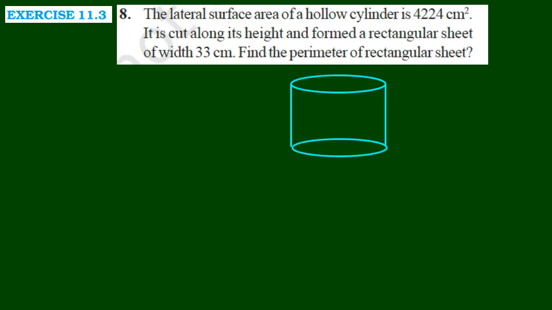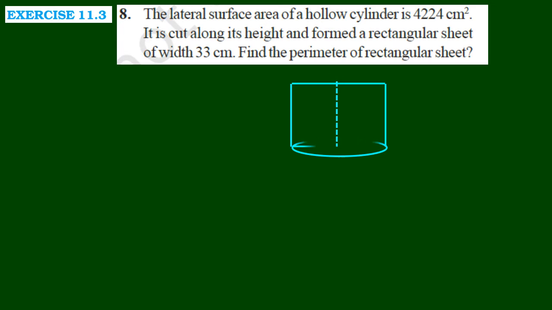So this is a cylinder and we have to cut it along the height. So when you cut, what will happen? It will unfold. The cylinder is now curved, but it will unfold and become straight. So what will happen?